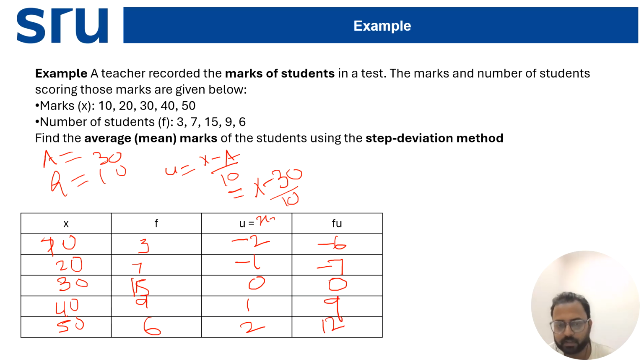Next we find the sum of all fu. The sum is 8, and the sum of all frequencies is 40.